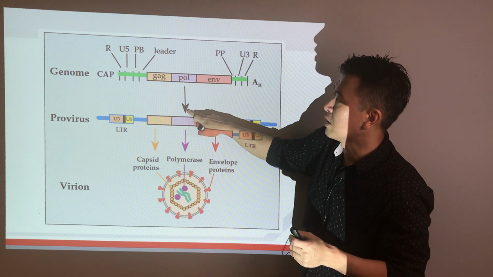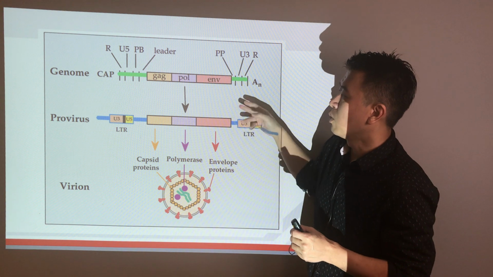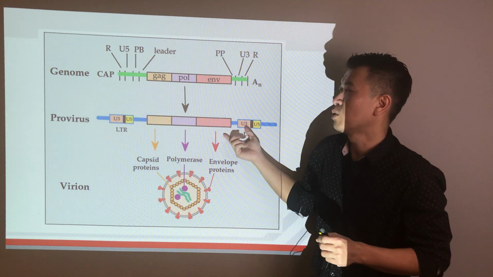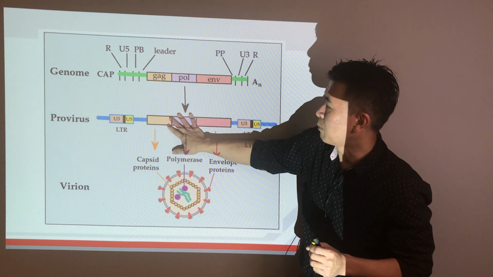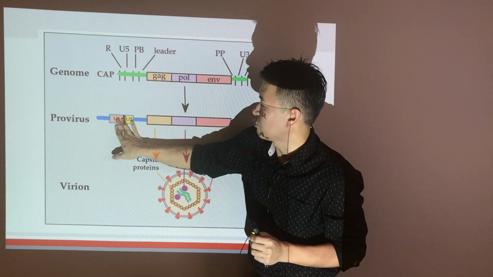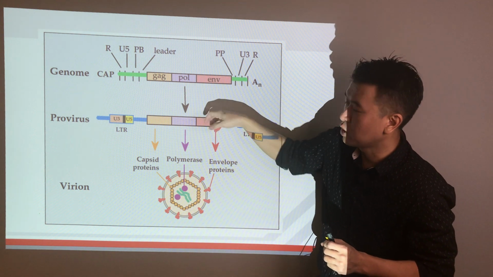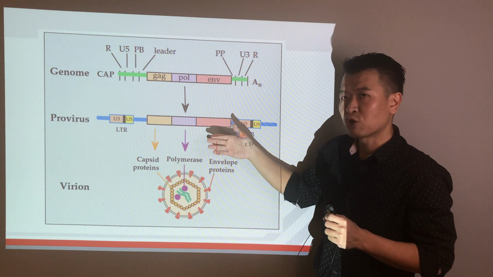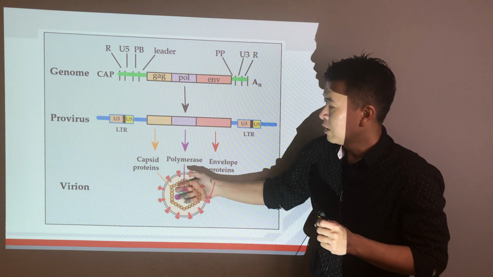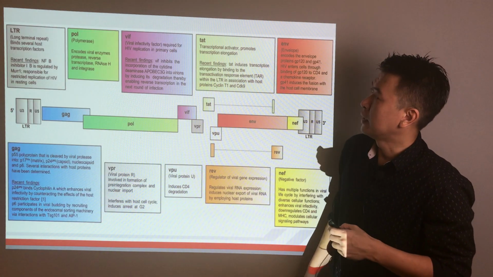So when the virus undergoes reverse transcription, it will produce the provirus, which is double-stranded. Apart from the genes here that are important for the viral protein, you have untranslated regions, which will then be incorporated into the host genome, and in the host nucleus, it will then be transcribed into mRNA and translated into a viral protein, which is something that we will see later on.